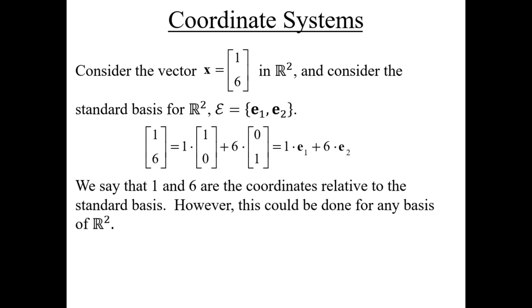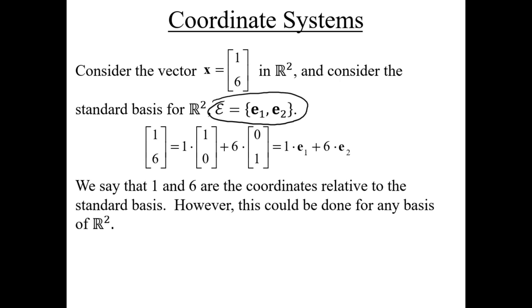Now, this should not come as a big surprise. If this basis here is a basis, that means that every vector in R2 can be written as a linear combination of E1 and E2. Certainly, if it's the standard basis, it's a fairly simple process to find those coefficients, to figure out how to make that linear combination.